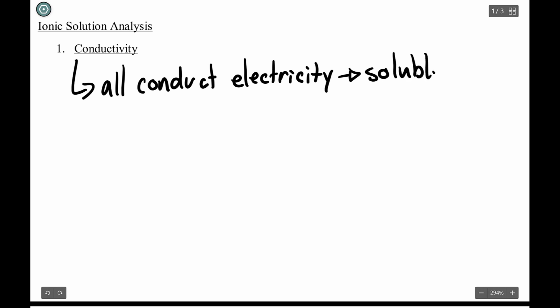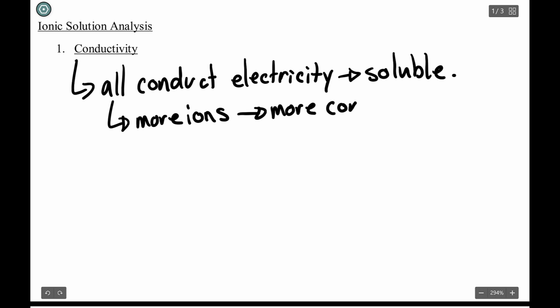We don't have a solution if the thing doesn't dissolve, but all ionics that do dissolve in solution conduct electricity. The more ions you have, the more conductive it is. So the higher the concentration of ions in solution, the more that needle is going to deflect, or the higher the readout for the conductivity. So more ions, more conductive.